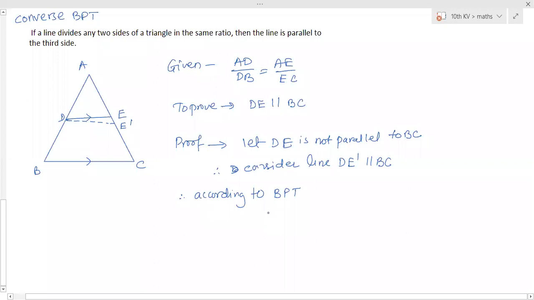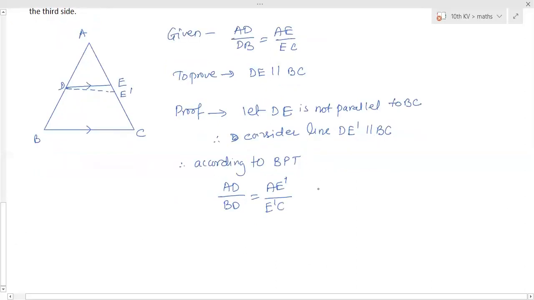What does the BPT theorem explain? AD by BD is equal to AE dash by E dash C. This is equation 1. But we know what is given: AD by BD is equal to AE by EC.